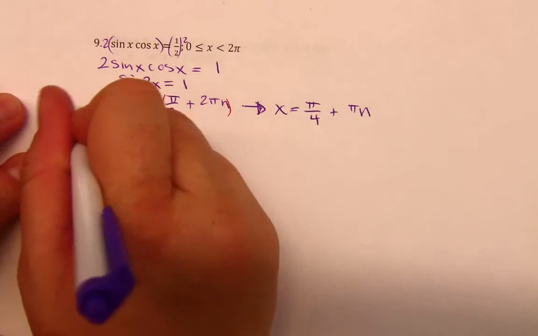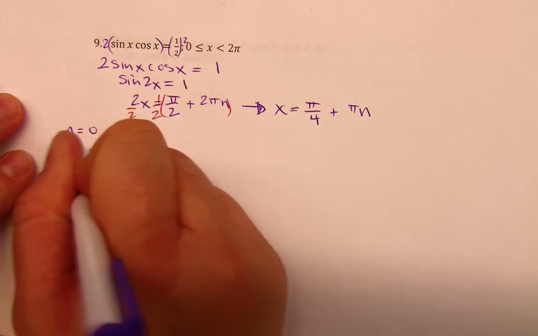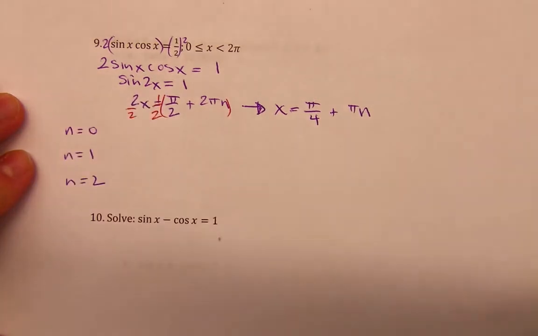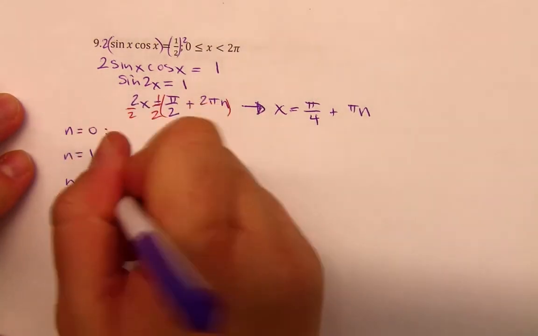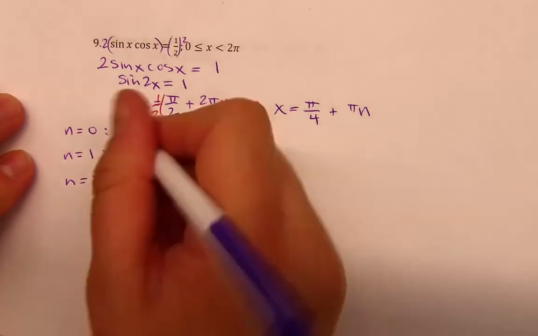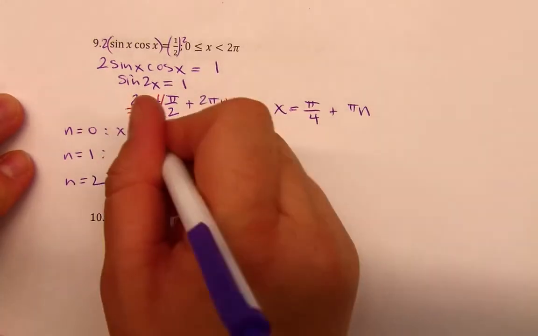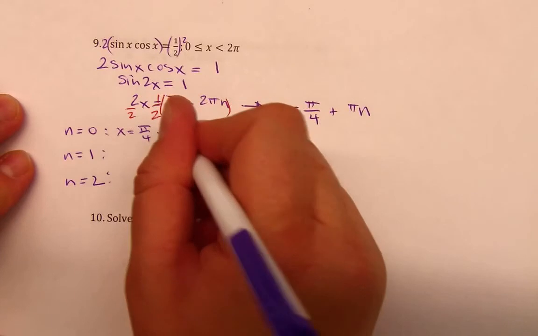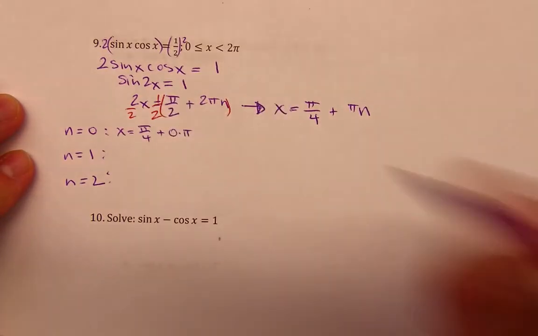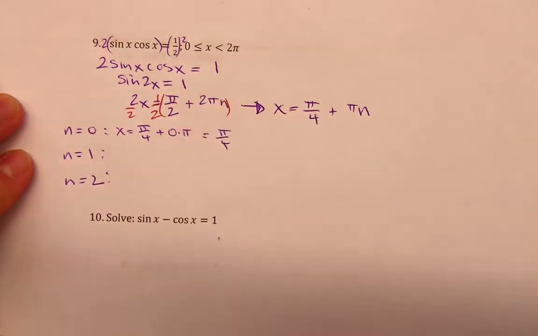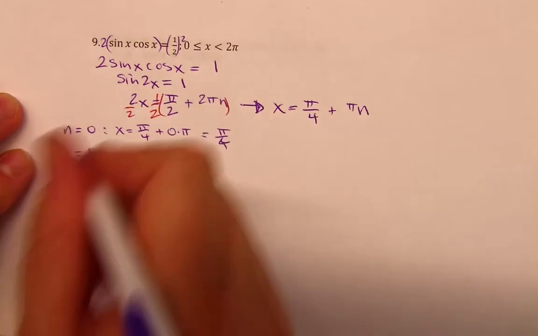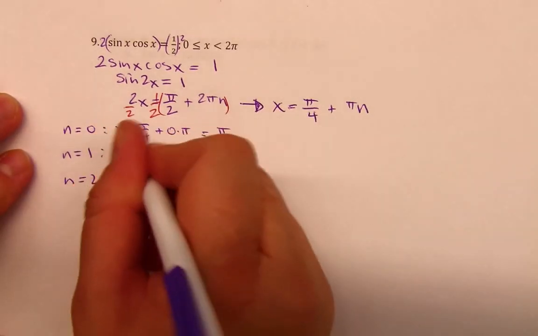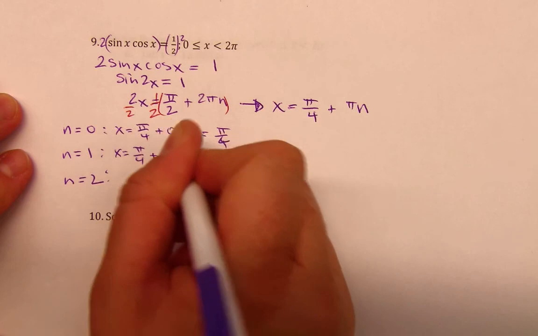So let's do n equals 0, n equals 1, n equals 2. Plugging those in, I have x equals pi over 4 plus 0 times pi, and that's just going to be pi over 4. Then x equals pi over 4 plus 1 times pi.